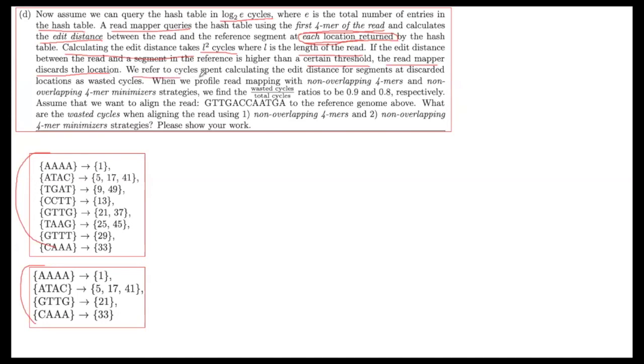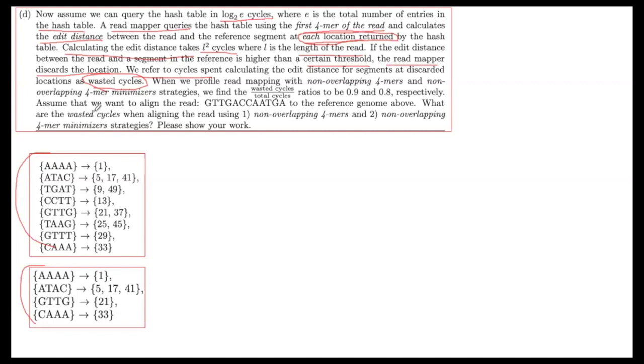Now we refer to the cycles spent in calculating the edit distance for segments at discarded locations as wasted cycles, and the name says it all. So we already waste some time doing calculation, but then we discover that these two sequences are really dissimilar.